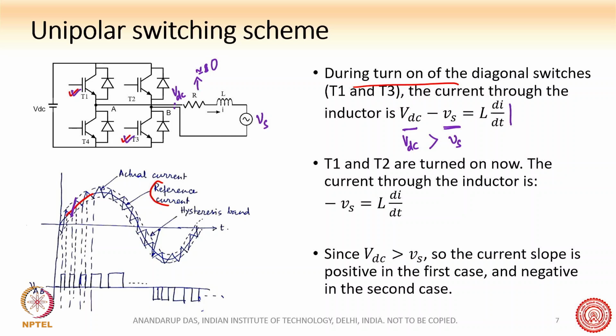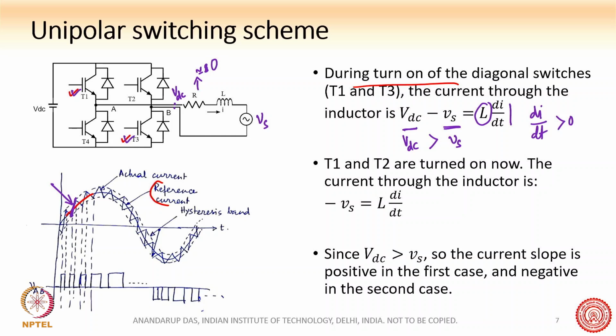So if VDC is more than VS, di/dt is positive, and the current will rise. The current from the lower boundary will start to rise. The slope of the current is determined by L.